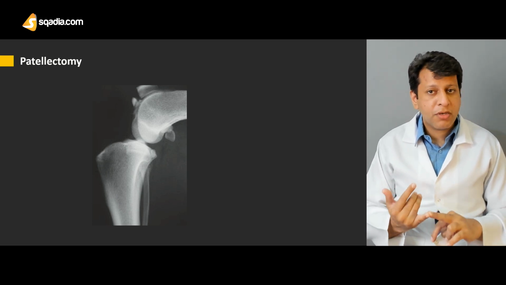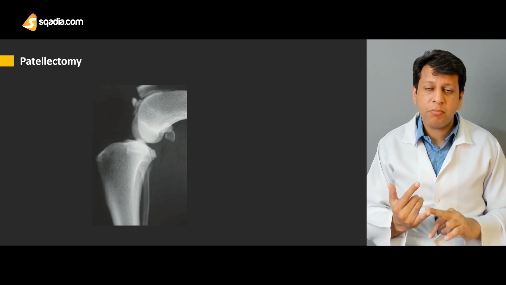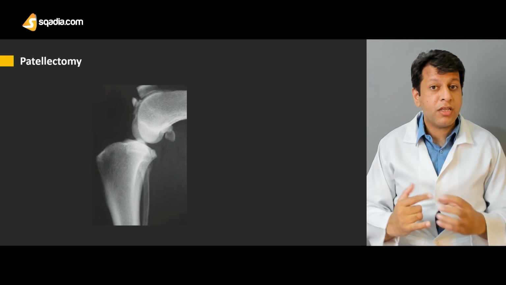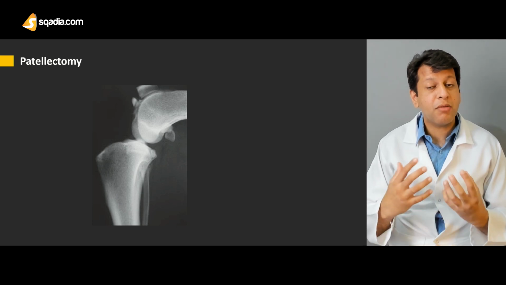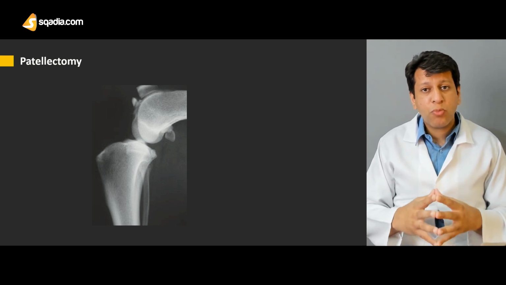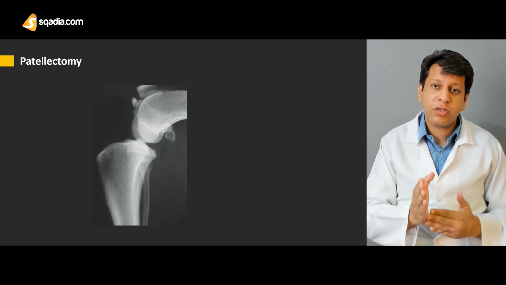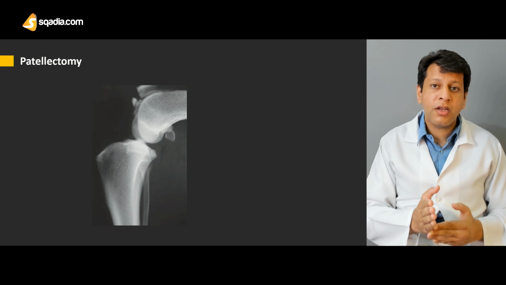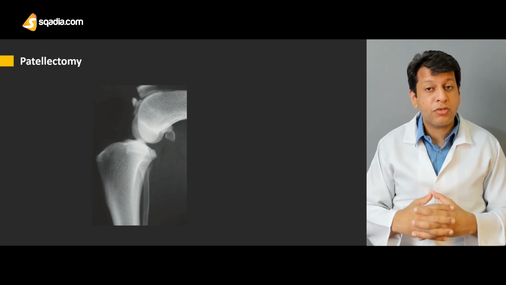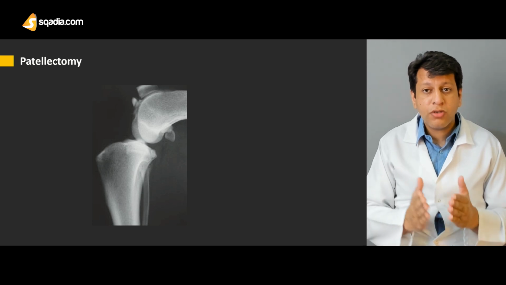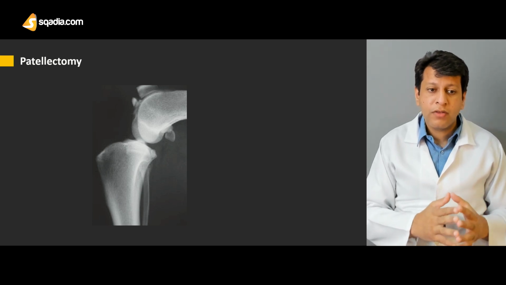For example, the patient may have instability, underlying chondromalacia, another underlying knee problem, or underlying malalignment. Depending upon what exactly is the problem causing patellofemoral pain syndrome, you need to tailor your surgery accordingly.